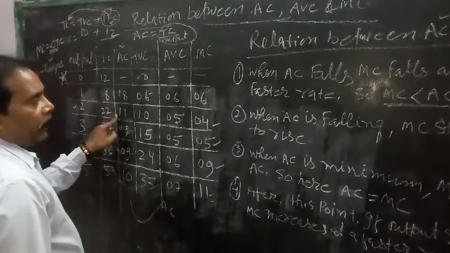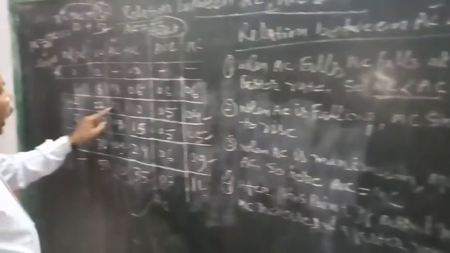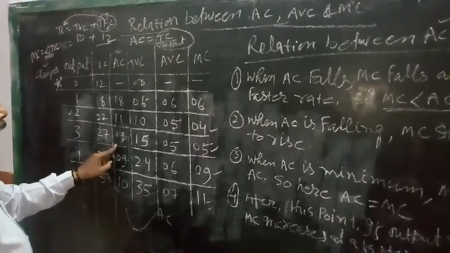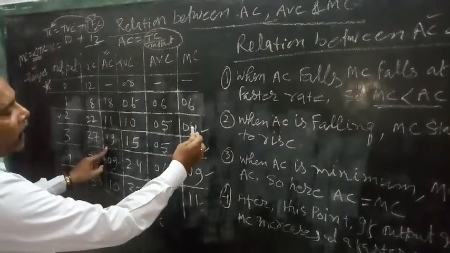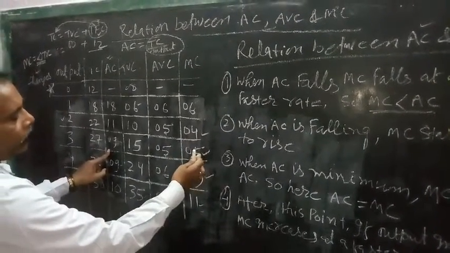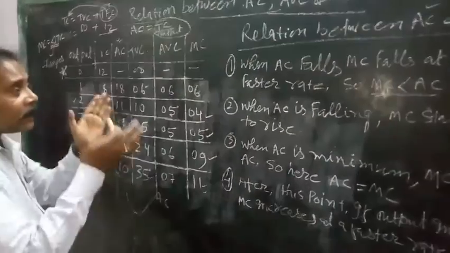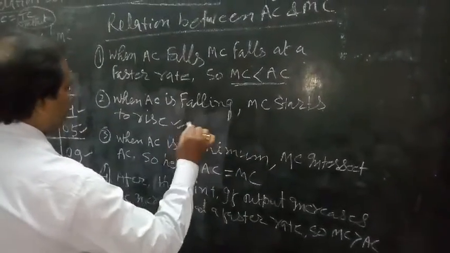Clear? Next, when AC is falling, or when it is constant, you find that the MC starts to rise, 4 to 5, 5 to 9.